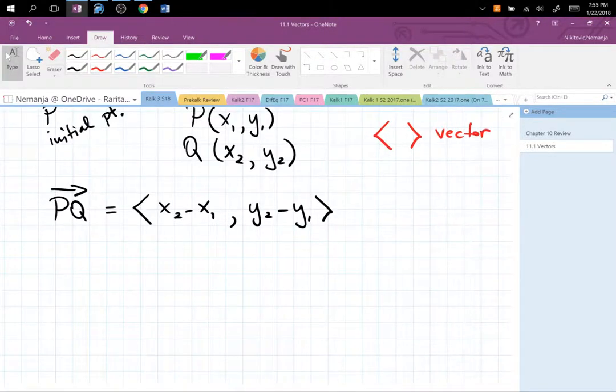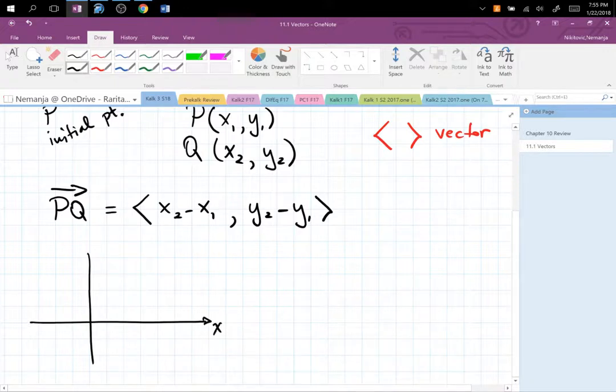So now, if we go to our XY plane and pick 2 points, we can calculate the length of that vector.